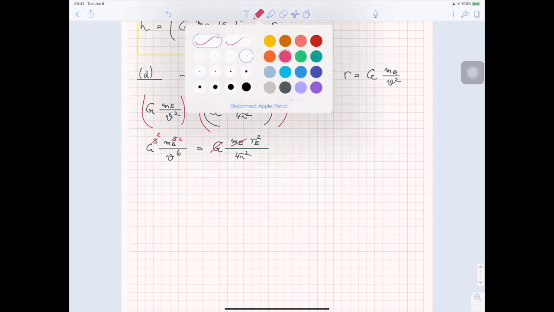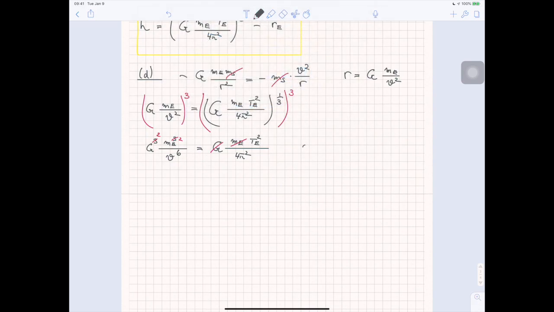So v to the power of 6 is 2 pi squared divided by Te squared times G squared Me squared.